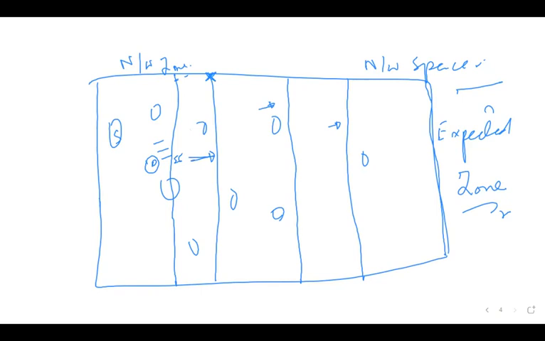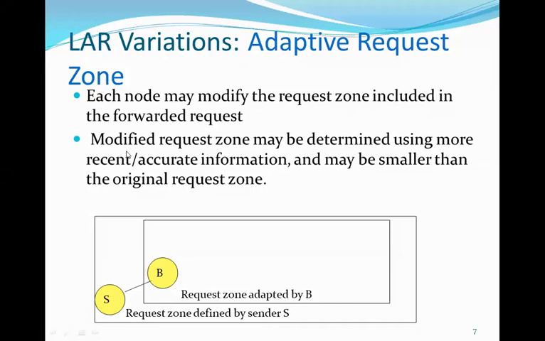So that's why the author is trying to say that the modified request zone may be determined using recent and updated information. As we find in the example that node D is closer to the source node, we should redefine the expected zone, and the newly defined expected zone as per the updated information will be smaller in size than the original zone.